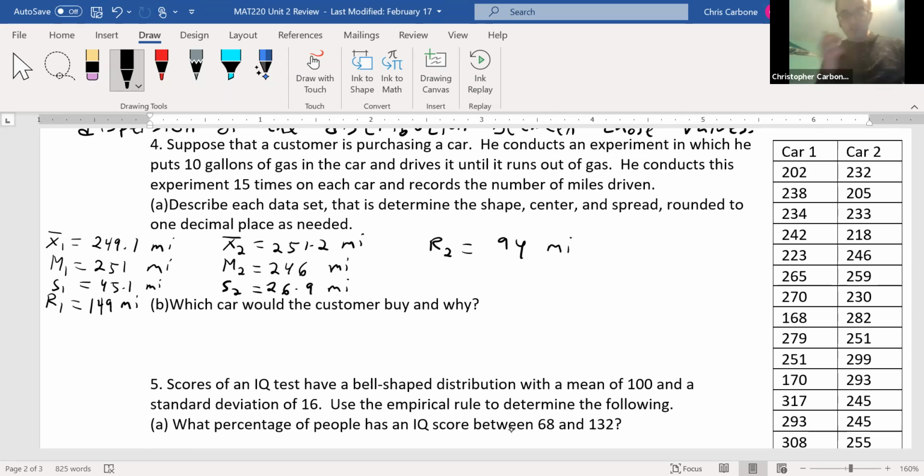So, based upon all of these, we could see that car 1 has a much wider spread than car 2, right? We could see that the mean for car 1 is less than the median, and the mean for car 2 is greater than the median, right?